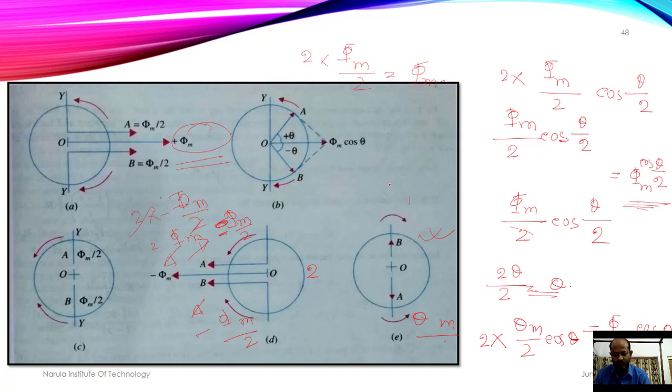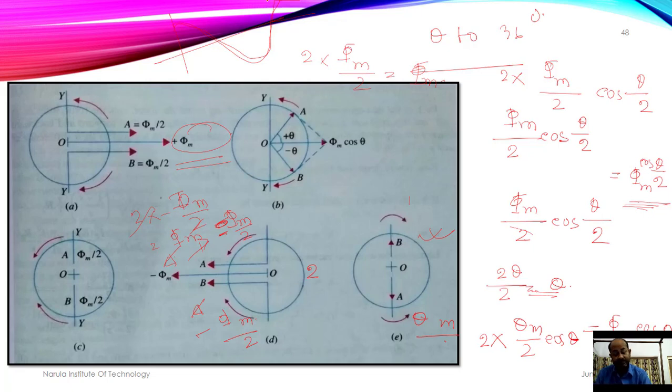So if we plot the values of the resultant flux from 0 to 360 degrees, then a curve similar to this is developing, which is basically sinusoidal in nature.